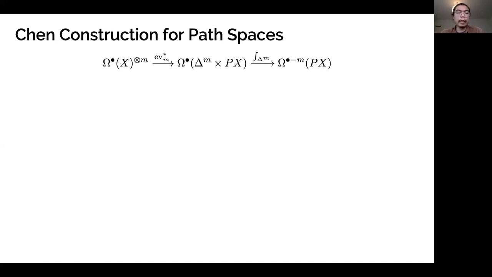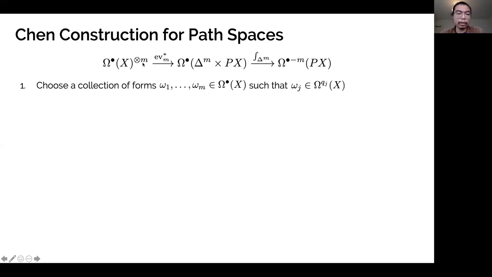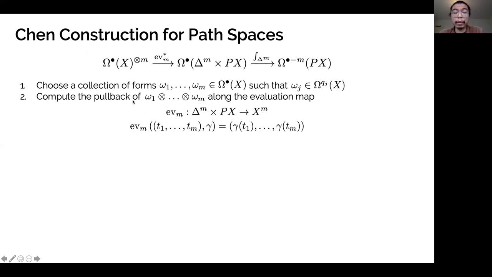And so the Chen construction for path spaces can be summarized as the composition of these two maps. The idea is that we choose some collection of differential forms on X, and these can be of different degrees. We compute the pullback of this differential form along the evaluation map to get a form on this M simplex across the path space.